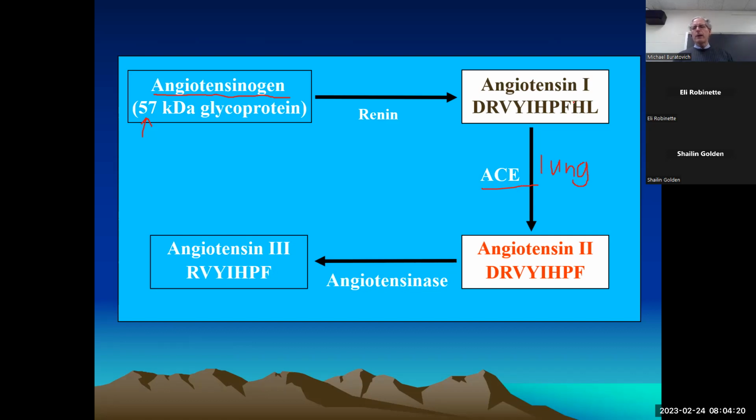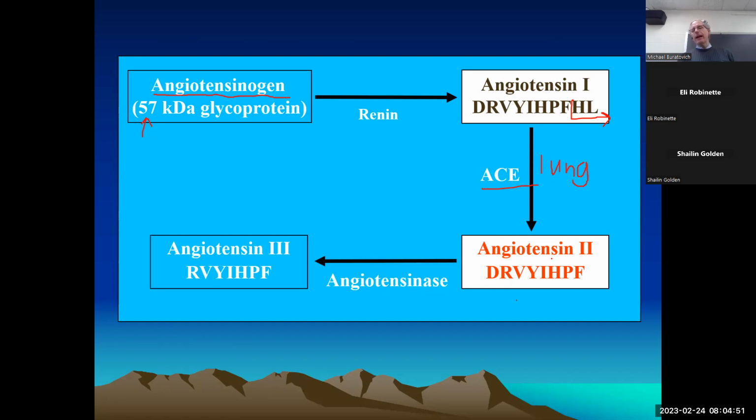It takes these two amino acids and clips them off, and this peptide is angiotensin 2. Angiotensin 2 binds to receptors, and those receptors will do two things. It increases the production of the hormone aldosterone, and it causes vasoconstriction.